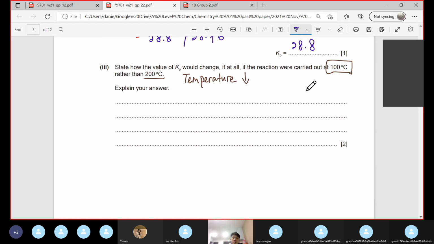So for the first mark, you mention that the equilibrium of this system will shift to the left.